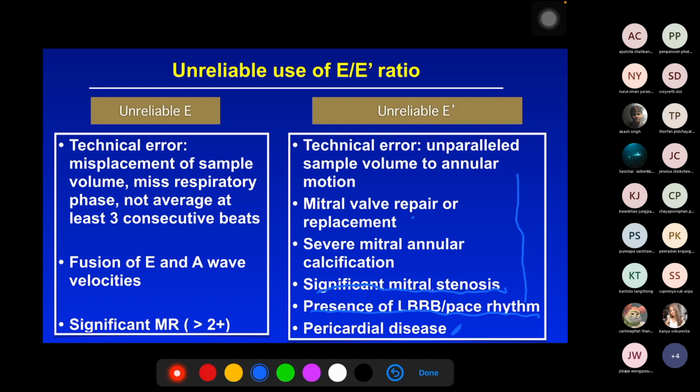Normally, medial E prime should be over lateral E prime. In constrictive pericarditis, the lateral E prime is over the medial E prime. So in this condition, E prime to evaluate the LV filling pressure is unreliable.